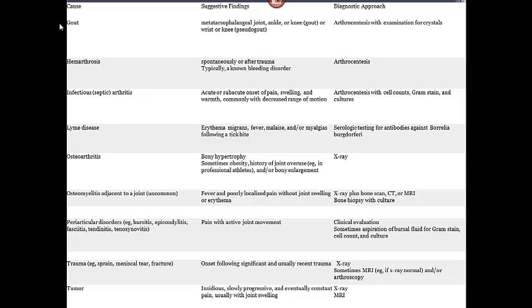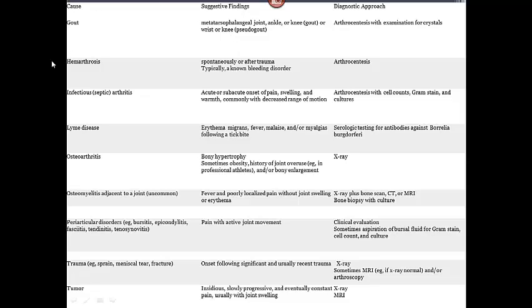Okay, so when you think about gout, remember that this is most commonly associated with the metatarsophalangeal joint, the ankle or knee, but remember the great toe is the most common presentation. It's acute, it's self-limited. Remember, sometimes you have visible tophi. And how do you diagnose this? Basically by the visualization of crystals in arthrocentesis.